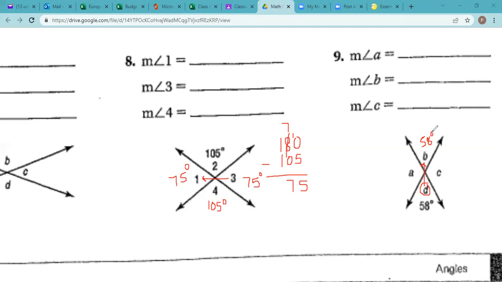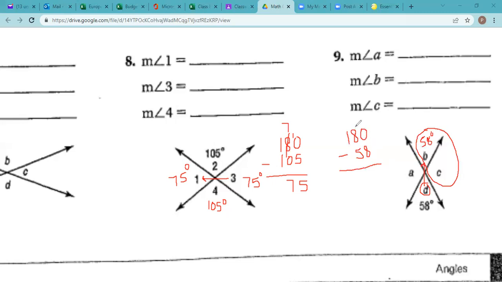All right, let's focus on angle B and C. So we know that that should be 180 degrees, right? If you take angle B plus angle C, it's 180. Now, angle B is 58 degrees, so we're going to take 58 away from 180. 0 minus 8, we cannot do it.